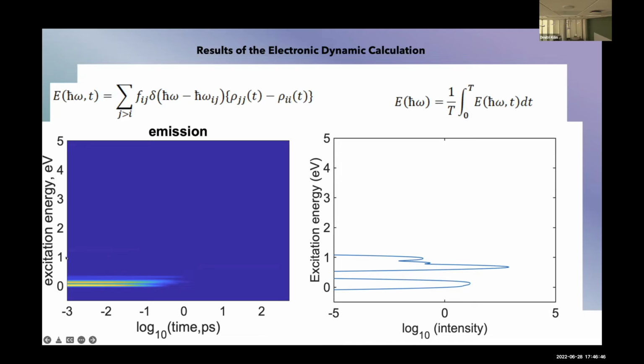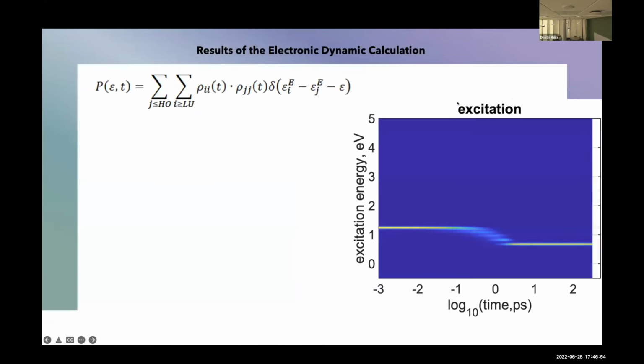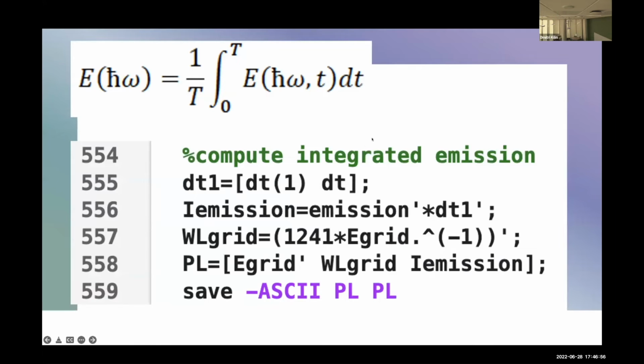So one can integrate all these emission events over the timeline and have this integrated emission. Let's go back to the line of code. So we do have this emission thing.